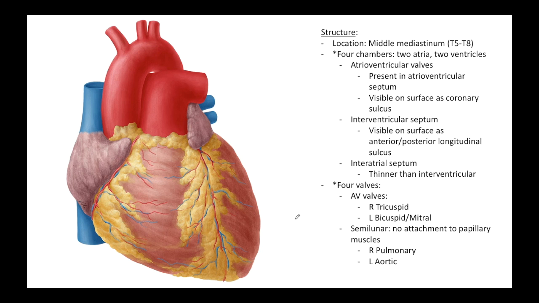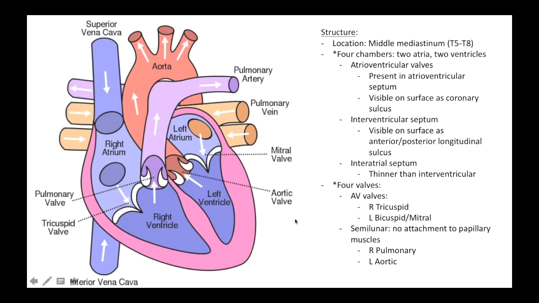And the heart has 4 valves. Whoa. We have the atrioventricular valves that we were just talking about up here. On the right side, we have our tricuspid valve, which is named because it has 3 cusps, which you can't really see, but pretend there's a third one here.